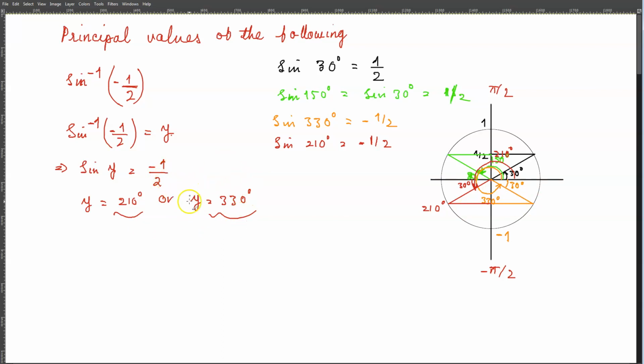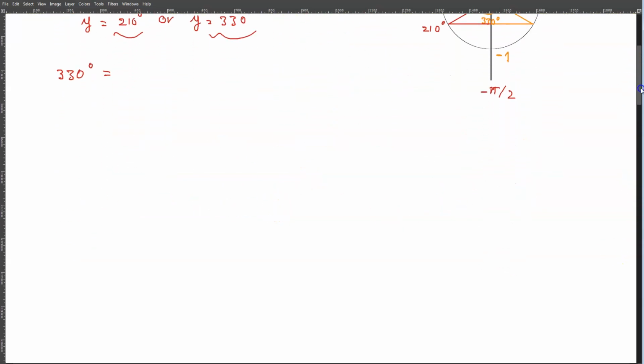Which means that 330 in degrees is the same thing as, now there is a conversion factor that I'm going to again calculate here, and then we will take a screenshot because I don't want to do the same things over and over again.